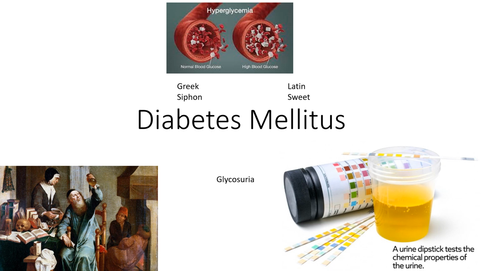And then the urine is going to be contaminated with glucose, a process called glycosuria, sugar in the urine. Now, this is how they named this syndrome, diabetes, a siphoning, the excess urination, the siphoning of the sweet.